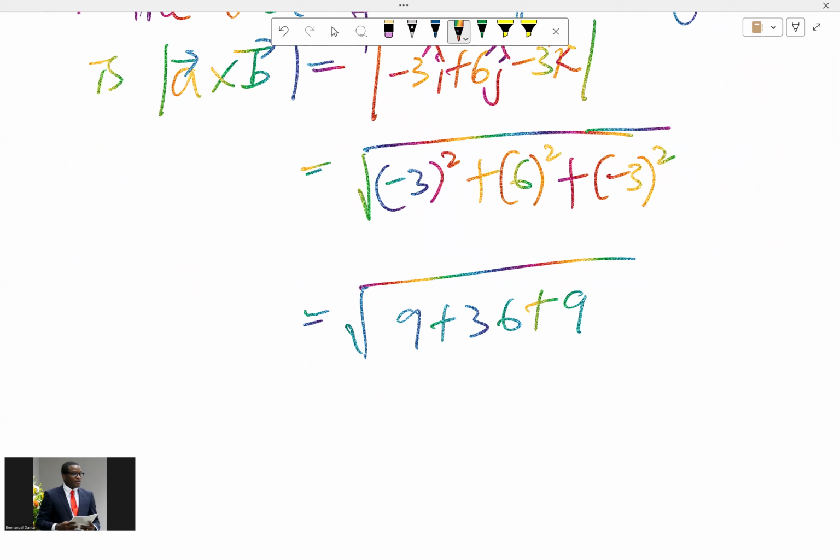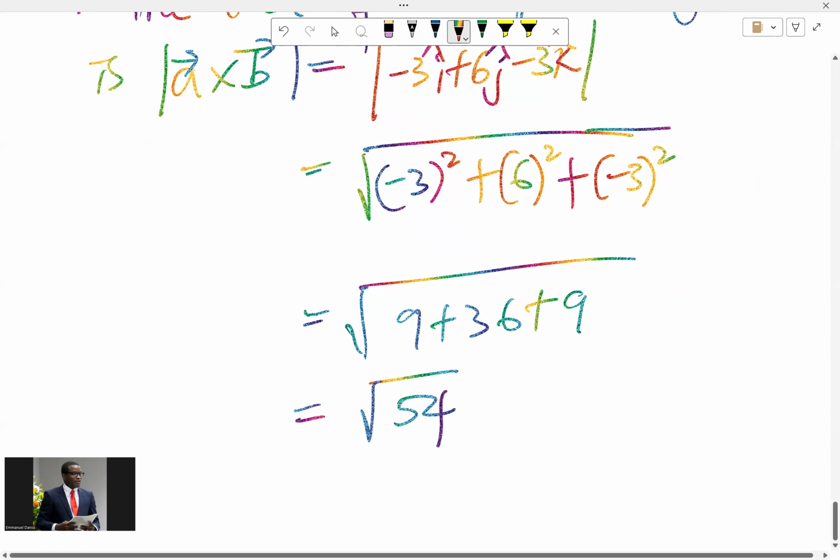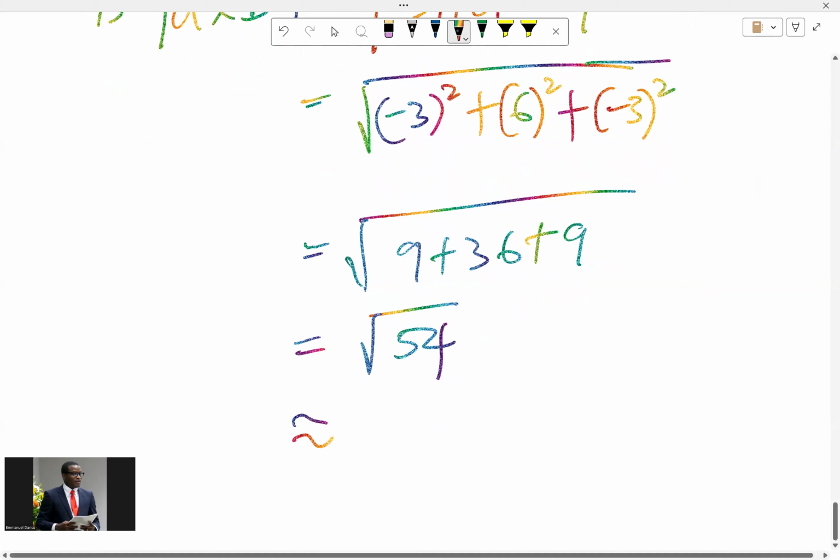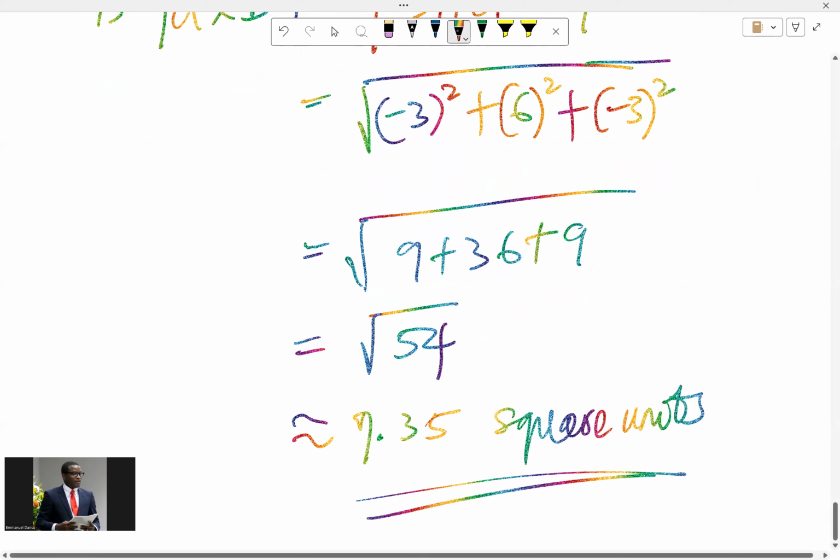So it is the square root of 54, which is approximately 7.35. Well, it is area, right? So that is 7.35 square units.